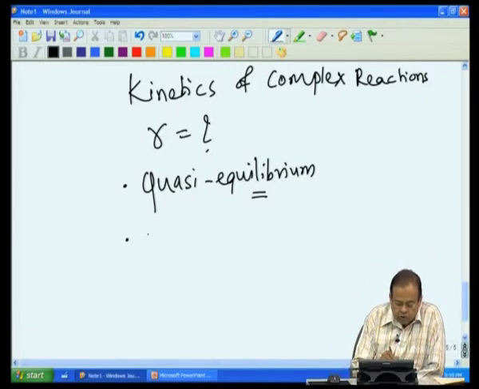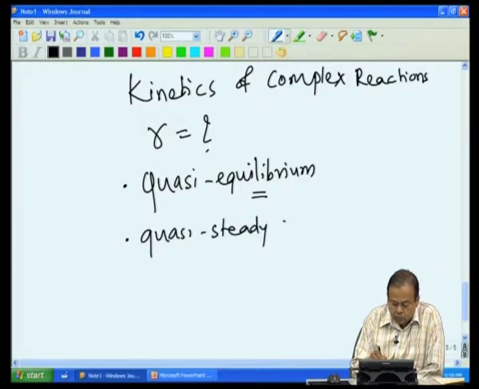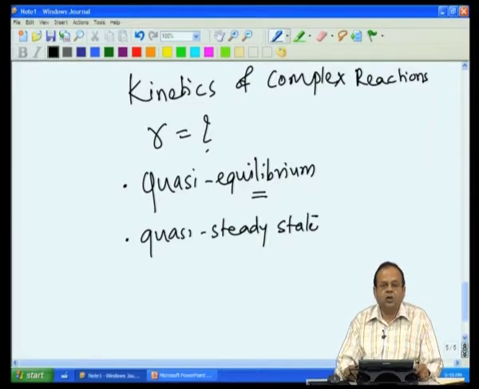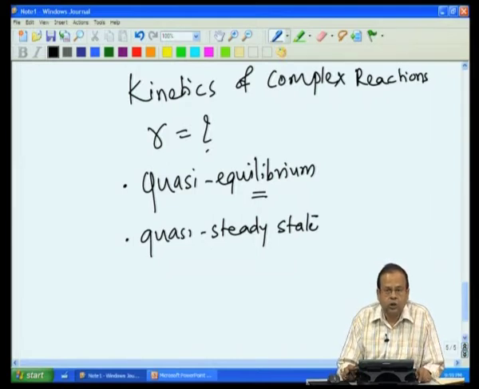The other idea is quasi steady state, and here we apply this idea to species rather than to the reactions. So, we say that dynamics of certain species is slow compared to others. So, those species which are highly reactive or whose dynamics is very fast, they attain their steady state much faster before the slow species can show any measurable progress.